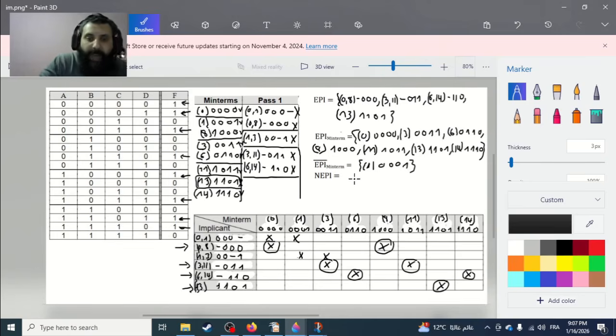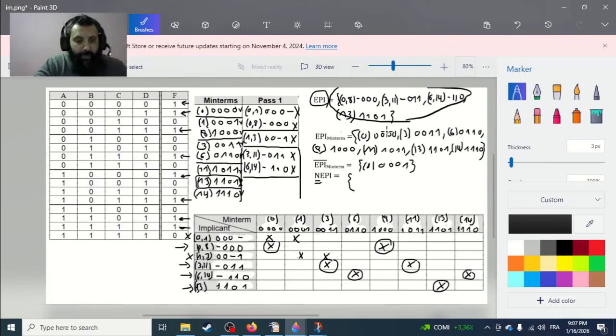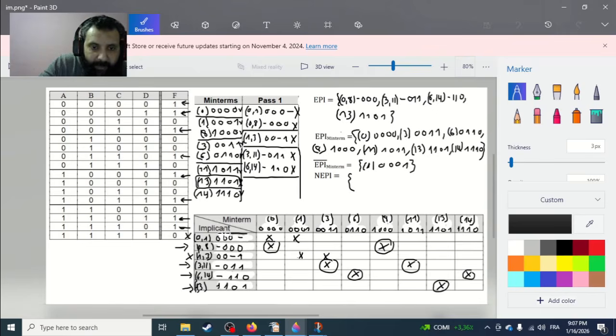Now, we have to list the 2 left. We have to list the non-essential prime implicants. N means non-essential. The prime implicants that do not belong to this group. We already saw that before, and we marked them as X here. We have this one and this one.